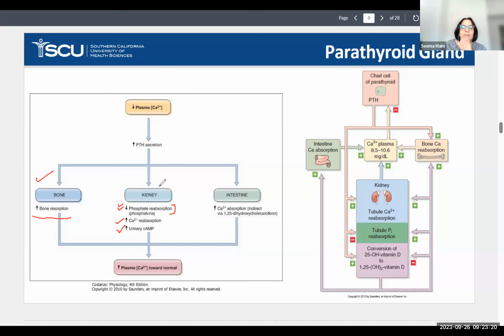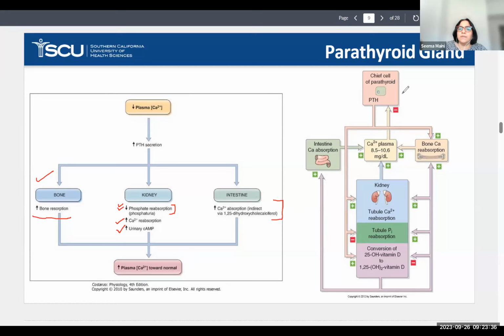Then on the intestines, it causes increased calcium absorption through vitamin D. Overall effect is increased plasma calcium ions.